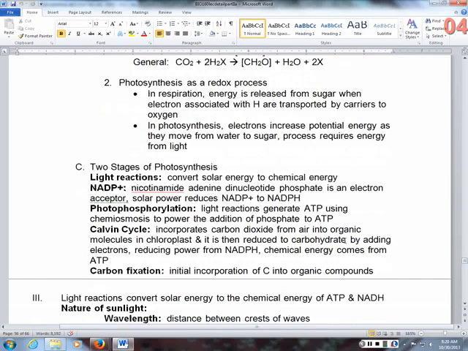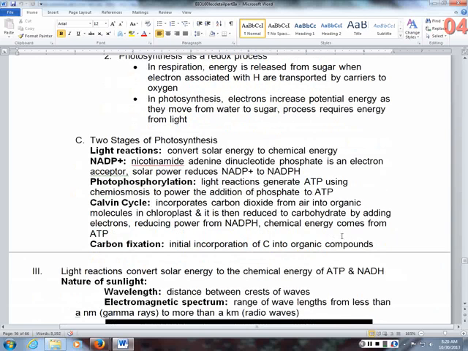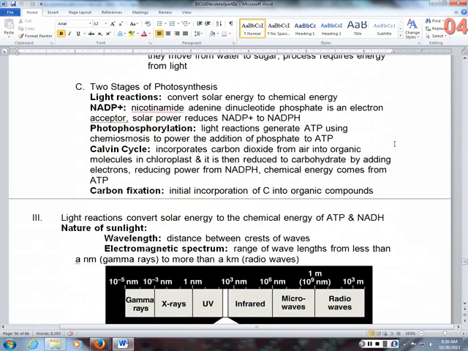So we have 2 stages of photosynthesis. We have the light-dependent reactions and the light-independent reactions. The light-dependent reactions are dependent on there being light. They take energy from the sun, the solar energy, and convert it to chemical energy. Your electron acceptor is NADP plus. The solar power from the sun reduces NADP plus to NADPH.